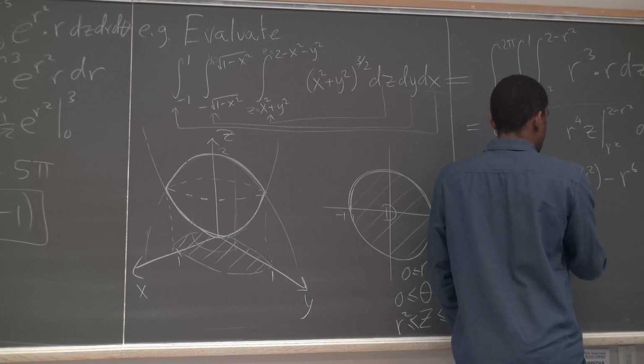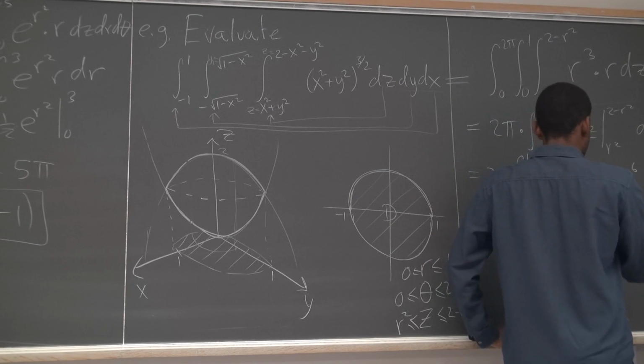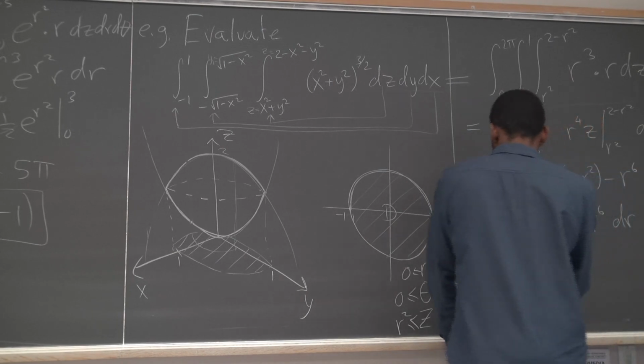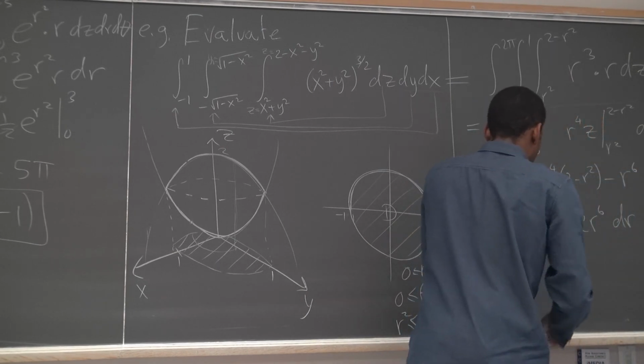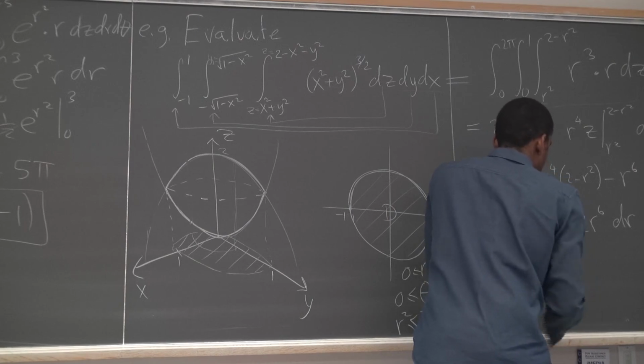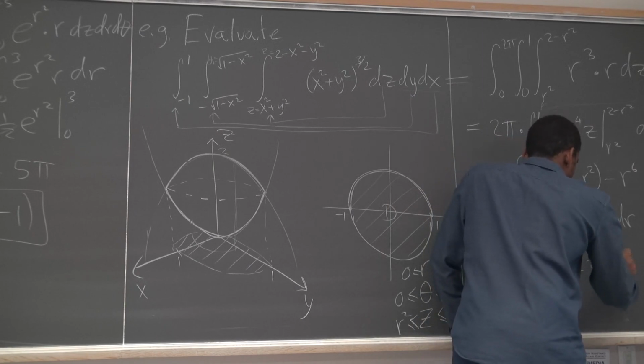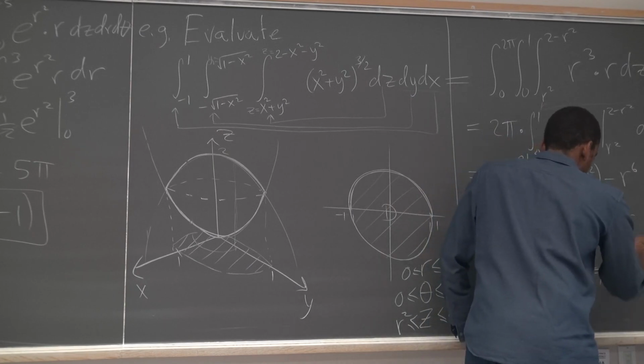R to the 4th minus r to the 6, which means 2 r to the 6. Integrate that, we get 2/5 r to the 5th minus 2/7 r to the 7. We could have taken a 2 out, sure.